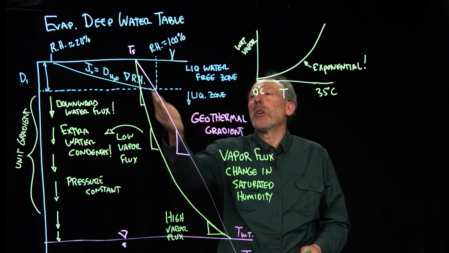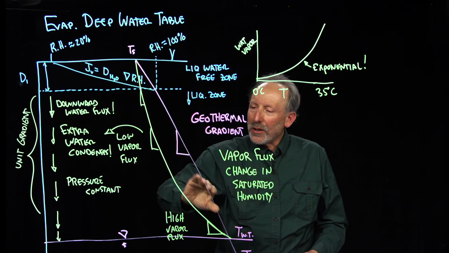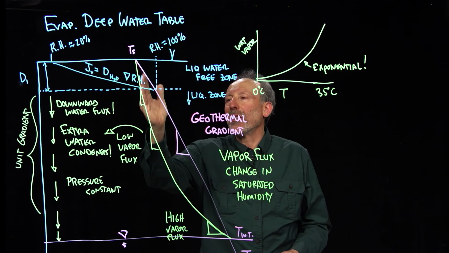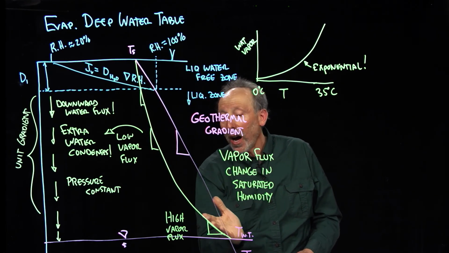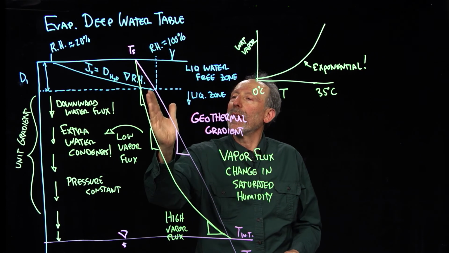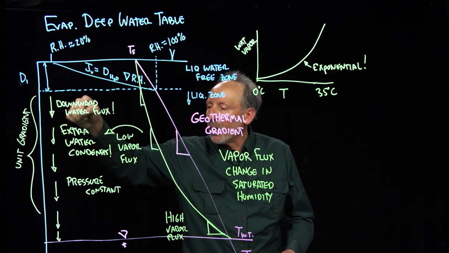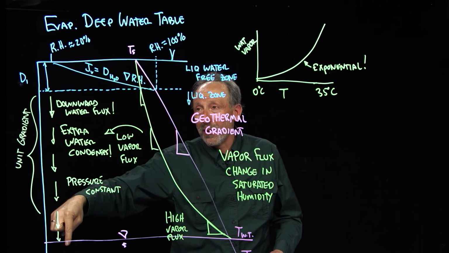But the key point here is the geothermal gradient gives rise to a uniform gradient in temperature. That gives rise to a decreasing gradient in humidity with high vapor flux at the bottom, lower vapor flux at the top. That gives rise to the condensation as you go, and so downward liquid flow.